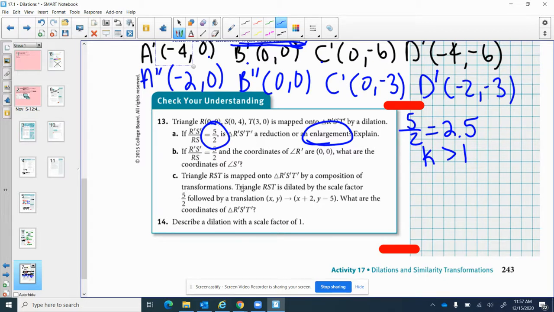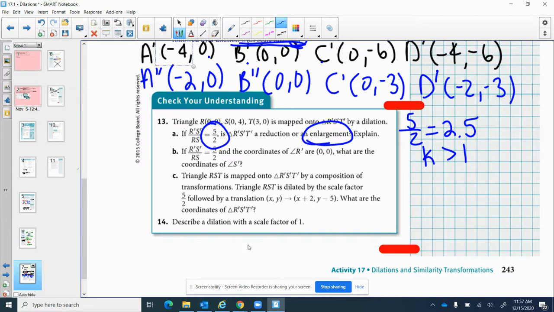And then if we look down below here, again, just like up above, you're able to create a translation and an enlargement by doing both of these. Now, in this case, it wanted you to dilate first, so you would multiply everything by 2.5 first and then translate it.